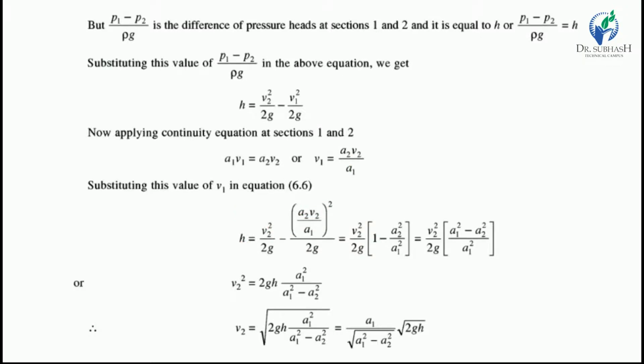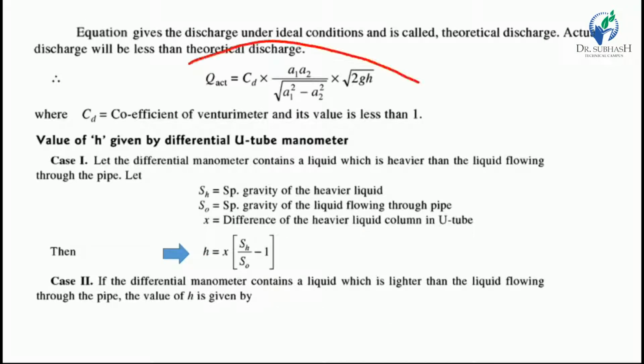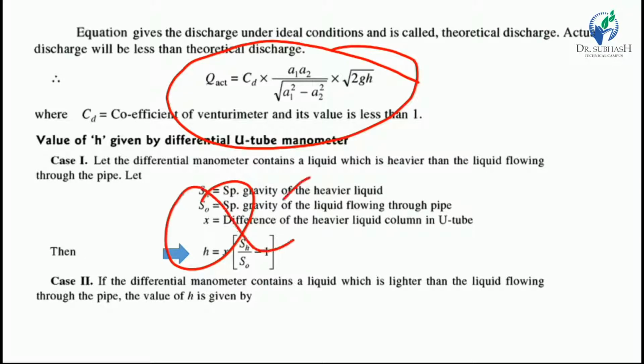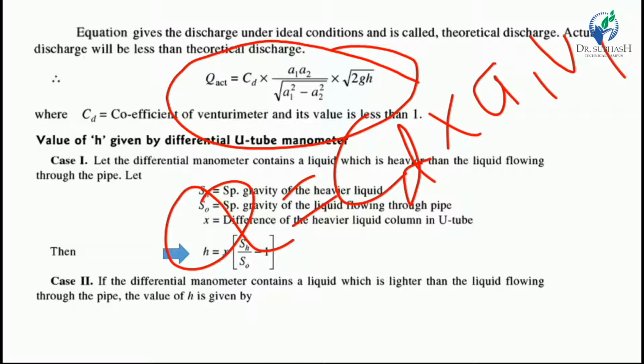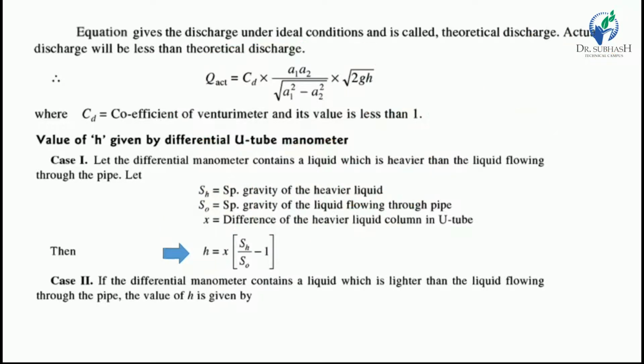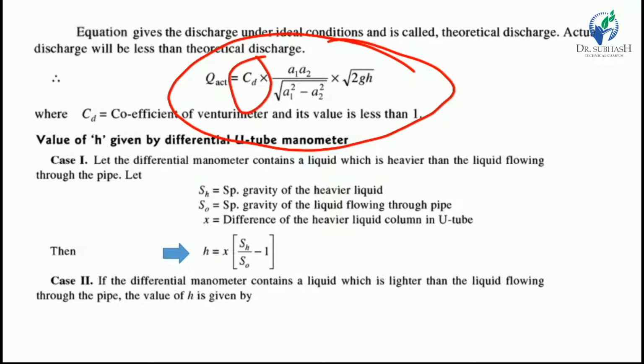So the actual discharge Q is equal to the coefficient of discharge multiplied by A2 V2. So this actual equation is written in this way, and Cd is the coefficient of discharge for a Venturimeter, or we can say the coefficient of Venturimeter.